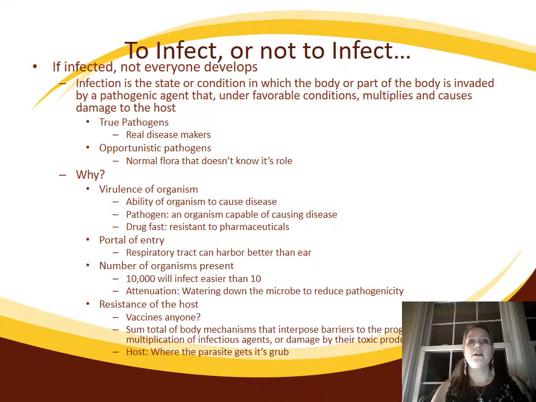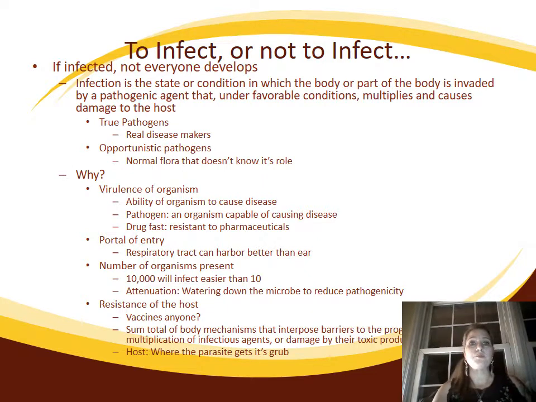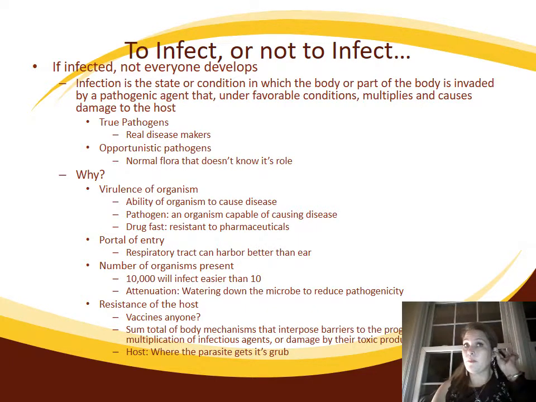So a pathogen then is an organism that is capable of causing a disease. Virulence is its ability to do so. And then there are some that are what are called drug fast, which means that they're resistant to pharmaceuticals, something like MRSA, which we talked about in one of our last cases. MRSA is resistant to penicillin, resistant to treatments, and will continue to grow even in unfavorable conditions.